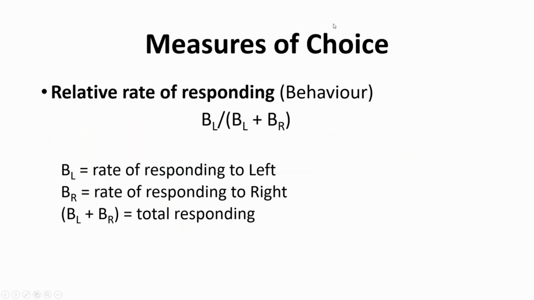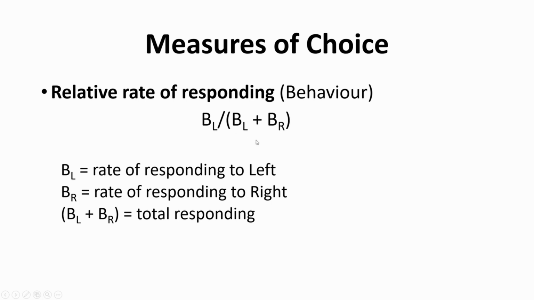And we can present this a couple of different ways. We can look at relative rate of responding: their rate of responding to the left key, or key A, compared to their overall rate of responding. So this is set up here. BL is the rate of responding to the left, BR is the rate of responding to the right. This is looking at how often they respond to the left key versus how much responding they do in total.